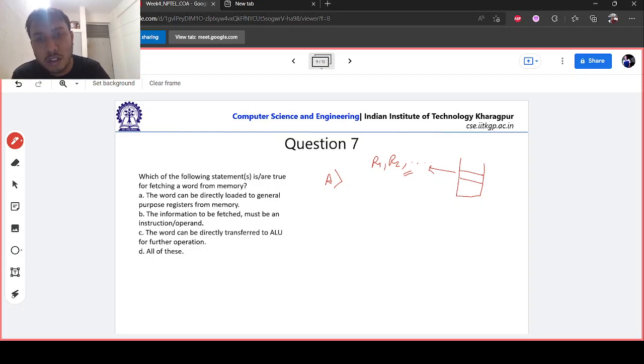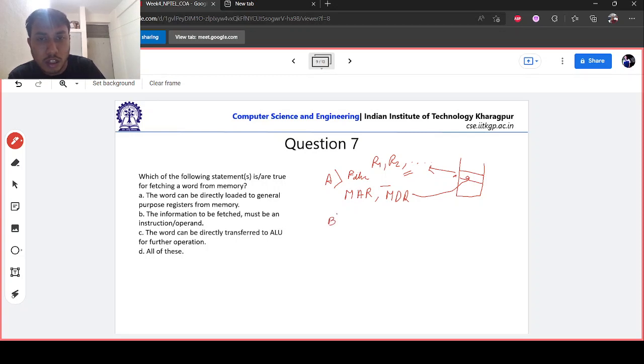We all know there are two special registers for the CPU to access memory: MAR and MDR. MAR is the memory address register and MDR is the memory data register. MAR stores the address of the location, and MDR stores whatever is stored at that address. These are the two special purpose registers that are used to fetch a word from the memory. So option A is false.